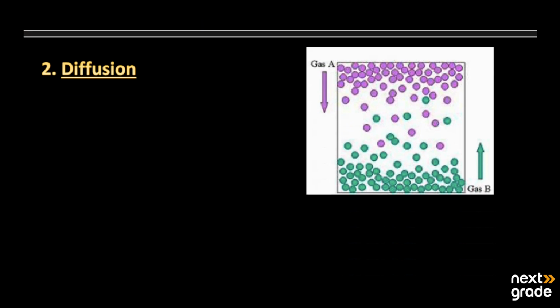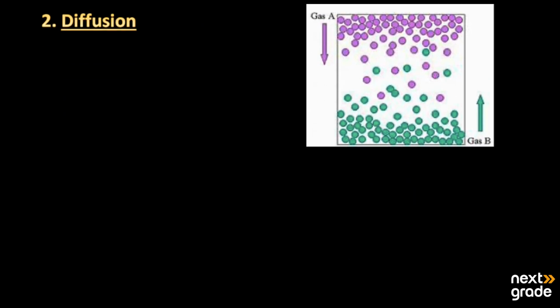Next, we have the second property, that is diffusion. Now, this is a new term to you, so what does diffusion mean?